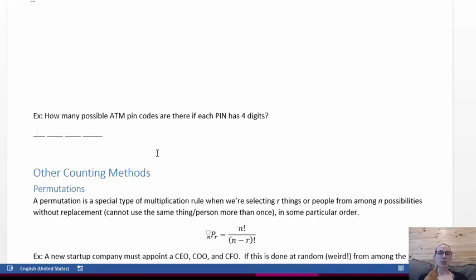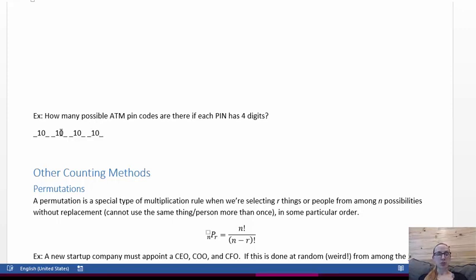For an ATM PIN code, we're looking at the digits 0 through 9 for each option. So that's 10 possibilities: 10 for the first one, 10 for the second, 10 for the third, and 10 for the fourth.